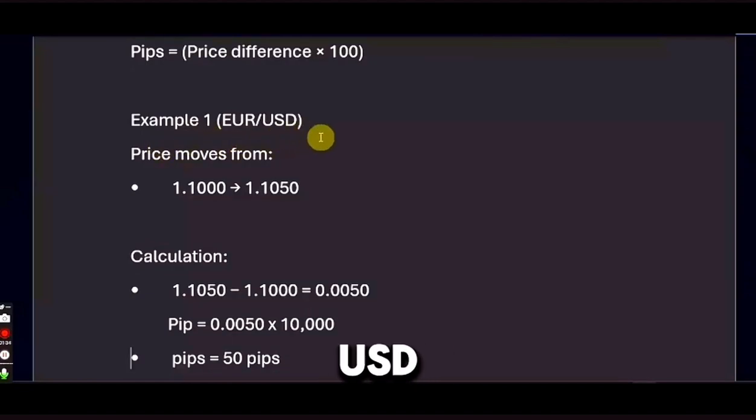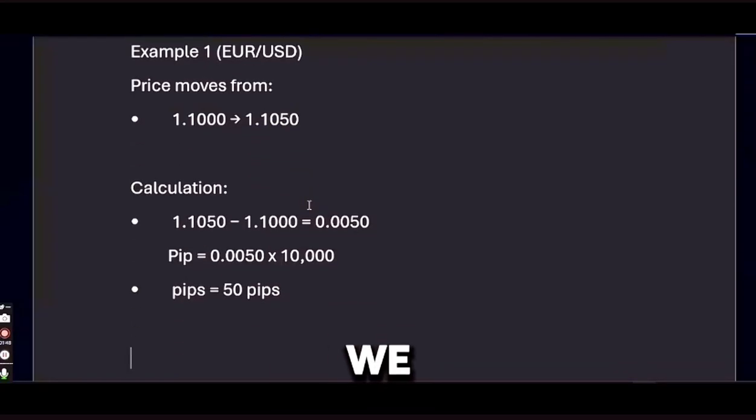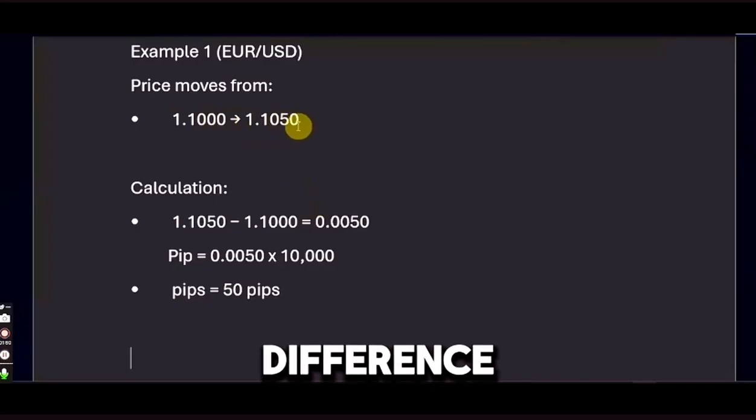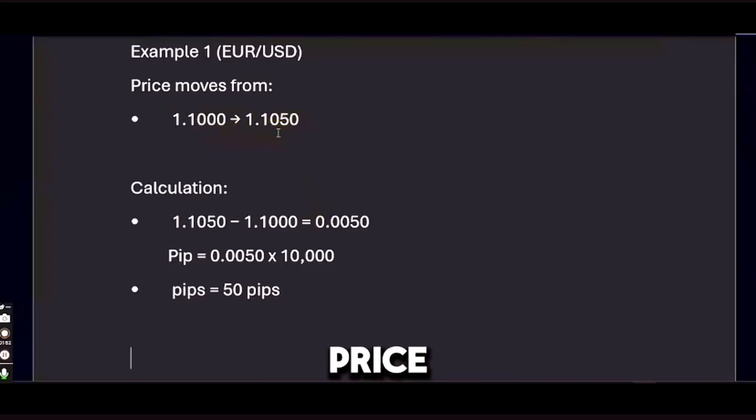Let's use EUR/USD for example. Let's say price moved from 1.1000 to 1.1050. To calculate the pips, we need to find the price difference in the movement of price.